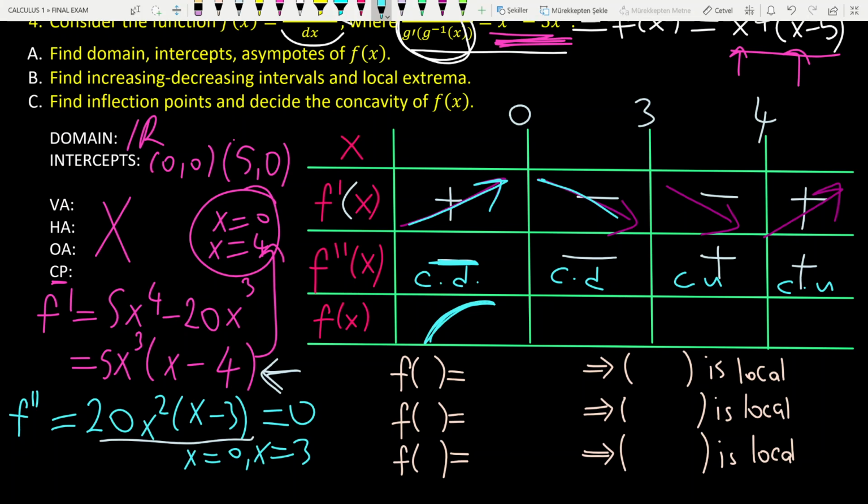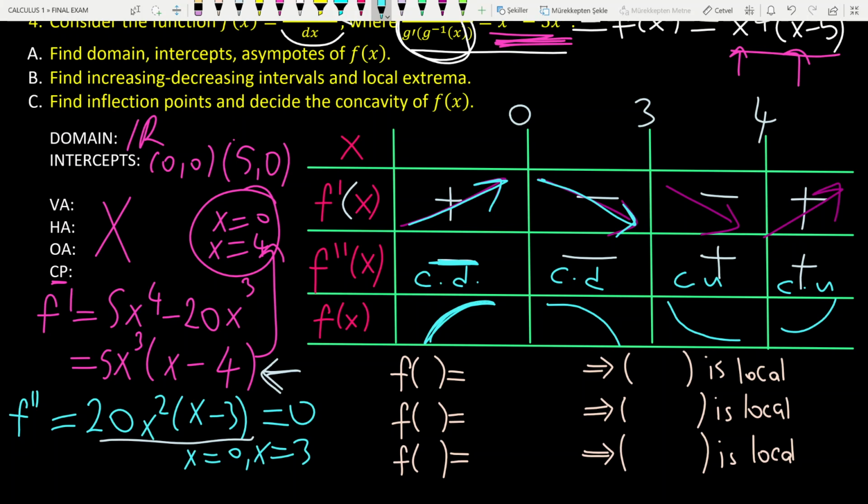Since the function decreases and it is concave down, you have something like this. The function decreases and concave up, and finally the function is concave up and it is increasing. You have something like this, okay, on the given interval from 4 to infinity.